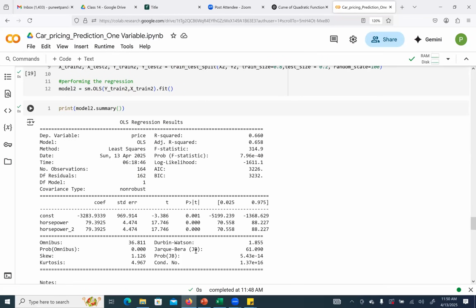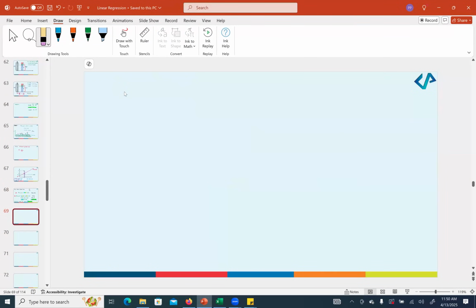You guys agree? Let's say I have 5,000 different variables, and two of them are horsepower and horsepower underscore 2. How would I know that these two variables are exactly the same? If I have 5,000 variables, there is no way.